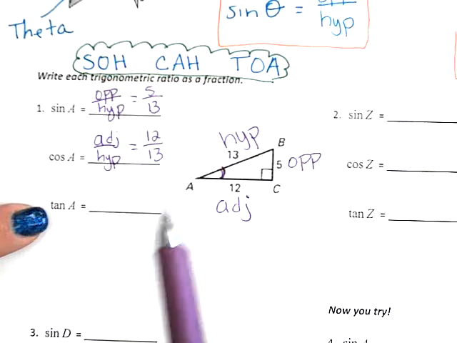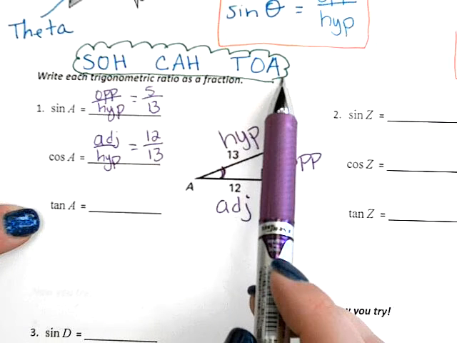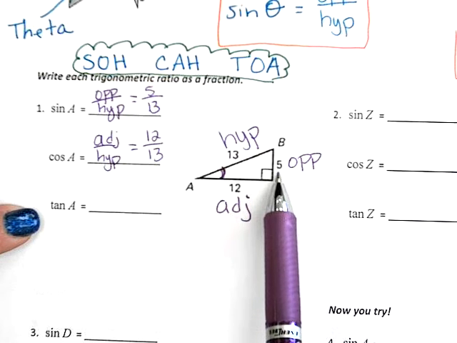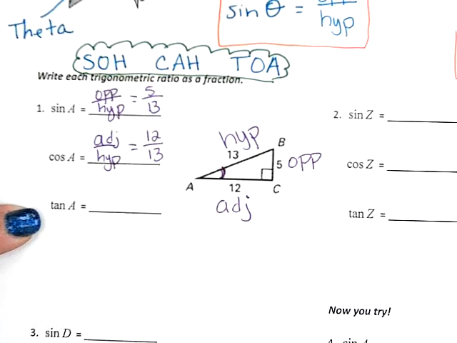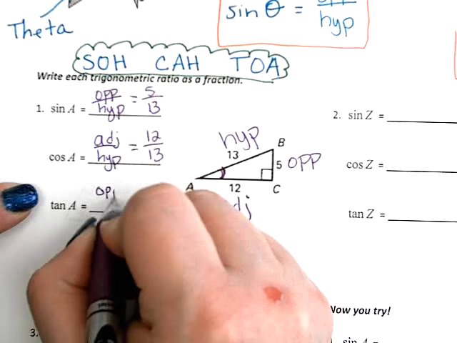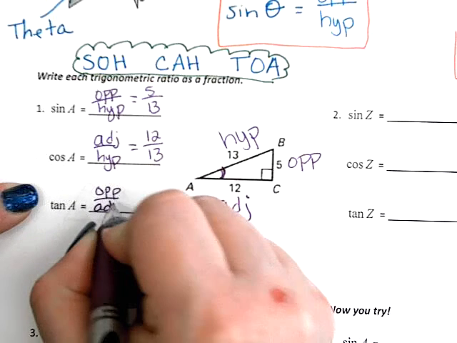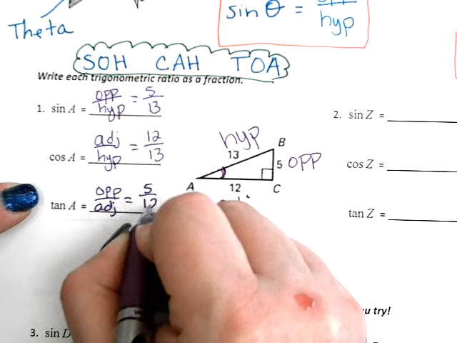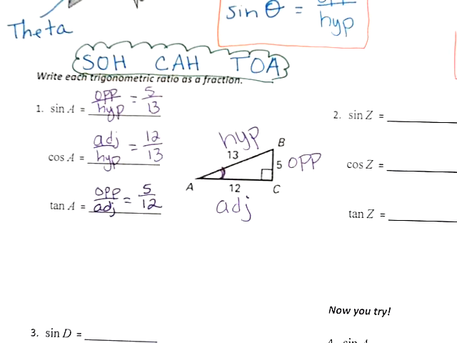And then tangent is equal to opposite over adjacent, so 5 over the adjacent, which is 12. So we get 5 over 12. And that's all we have to do. If I'm simply asking you to write the trig ratios, just tell me which one's the opposite, hypotenuse, and adjacent, and then put them in the correct order.